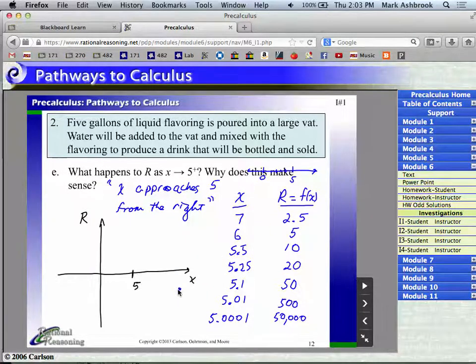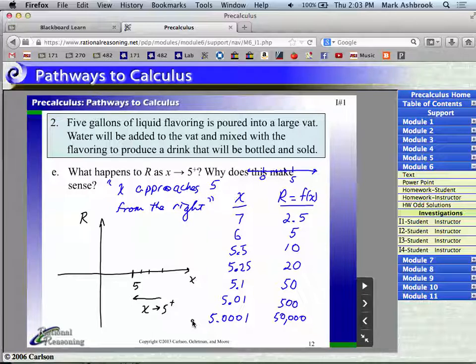So here we are coming along here. Say 7, 6, and then 5.5, and so we're looking at numbers getting very, very close to 5. So on the graph, moving this way towards 5 is our x approaches 5 from the right. That's our sequence of numbers.